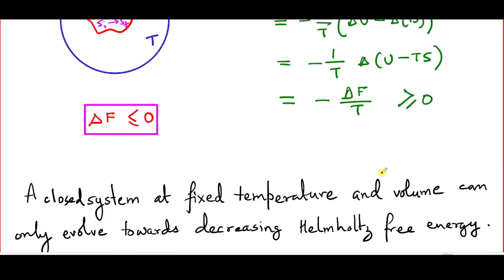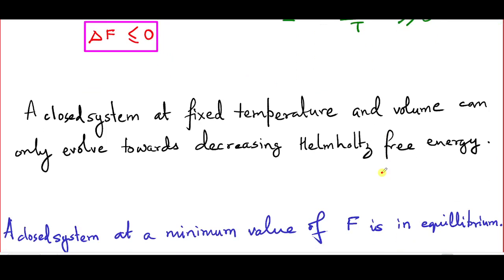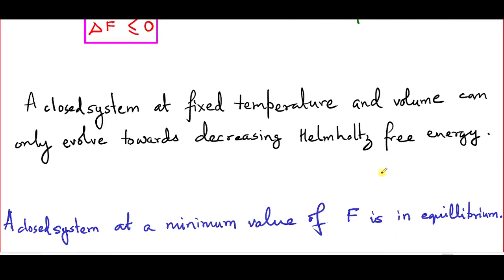And as a result, such a closed system, when I say such a closed system, I mean something which cannot exchange particles with the surroundings but held at a constant temperature and volume, will be in equilibrium once F reaches its minimum possible value. Because once it reaches the minimum possible value, F cannot decrease any further and therefore no further change can take place.